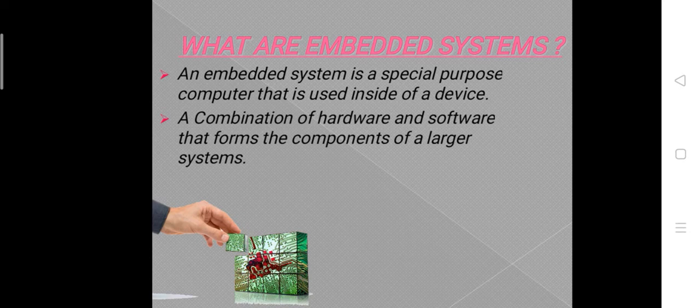So we may have hardware such as sensors, signal conditioners, analog to digital converters, microprocessors, microcontrollers, drivers, output drivers, then actuators, etc. in the hardware part, and then we require some set of software to work with those hardware. So the combination of these hardware components and software is combinedly called an embedded system.